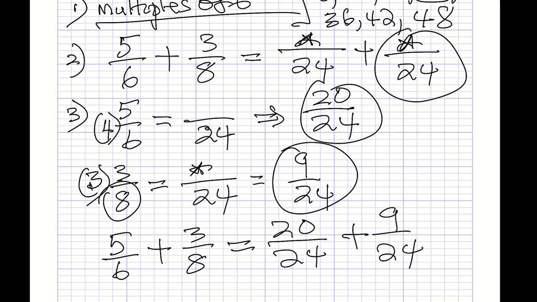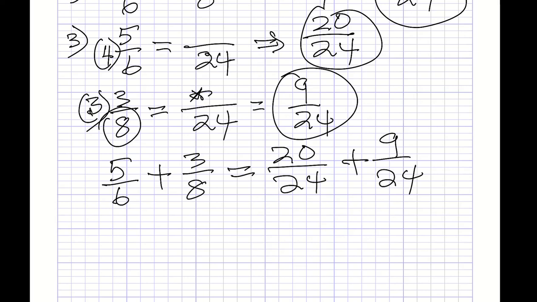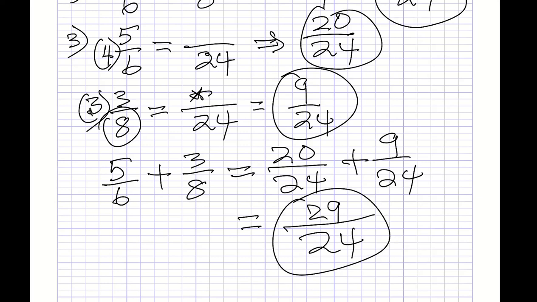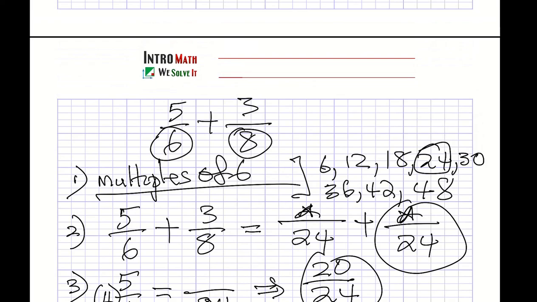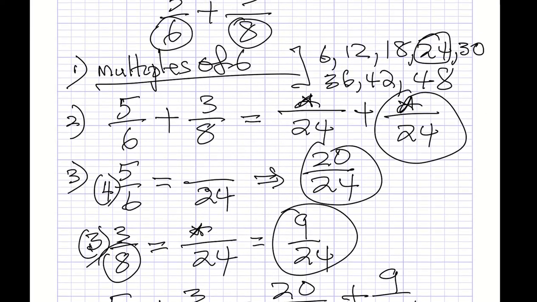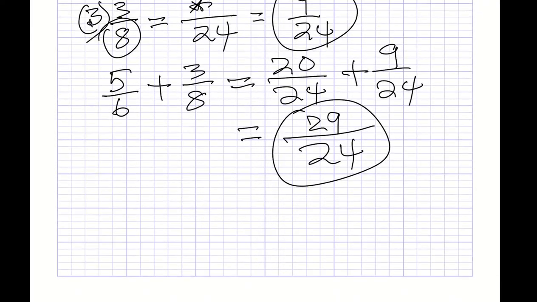You see that, right? And this problem becomes easy. Then you say this is the same thing as 20 plus 9 over 24. 20 plus 9 is 29. That's the answer right there. So that's one way, mainly the way American universities solve a problem like that.